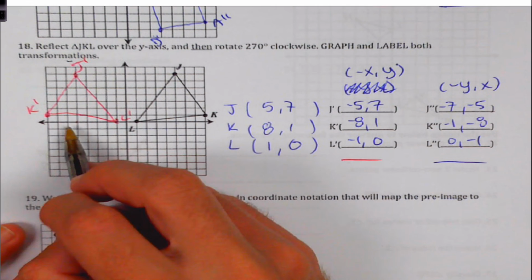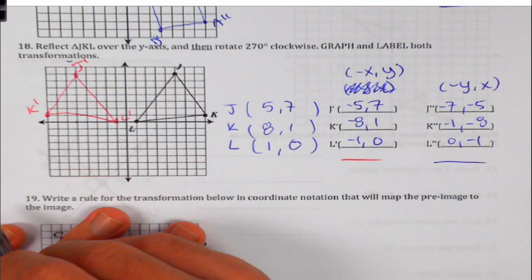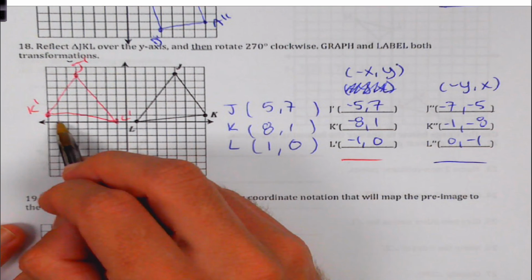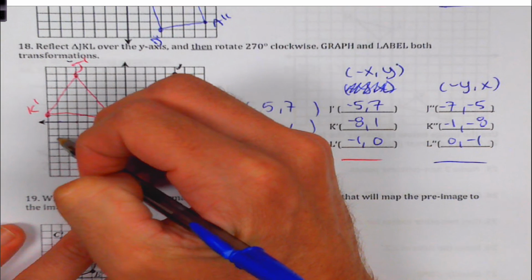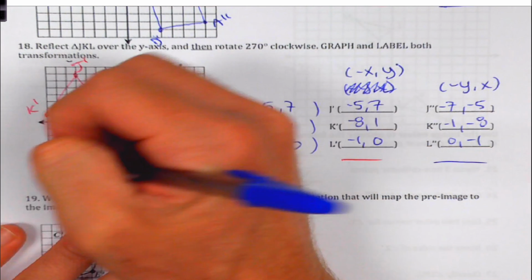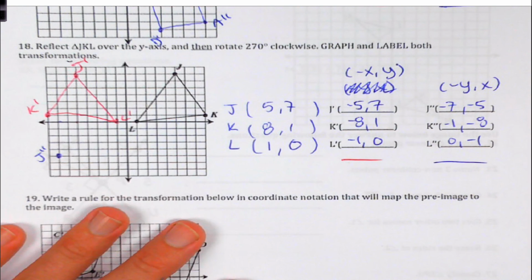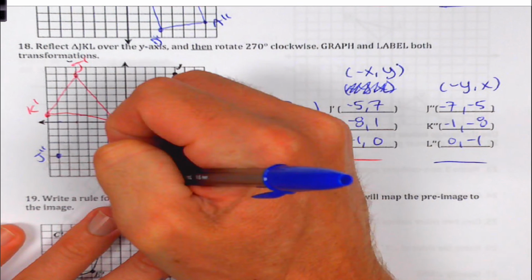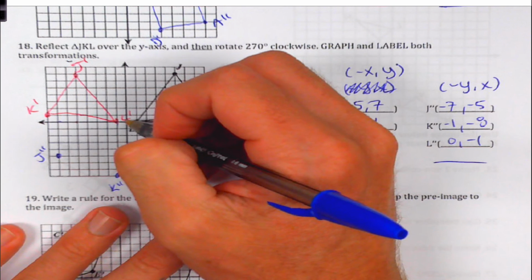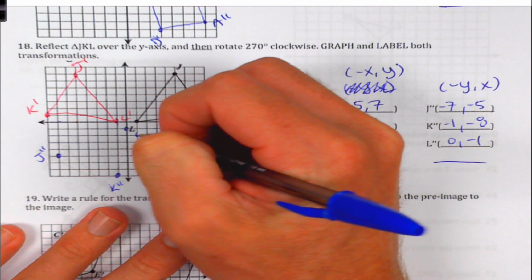So negative 7 and negative 5. 1, 2, 3, 4, 5. There we go. That's going to be J prime prime. Negative 1, negative 8, K prime prime, and 0 on the x, negative 1, L prime prime.